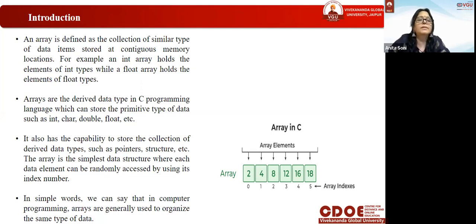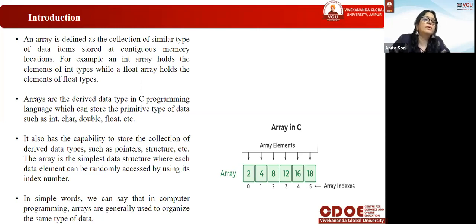But in Python, you can have multiple different mixed data type elements in the same variable. But in C, we have to restrict it. In C, we can store same data type elements in a variable.